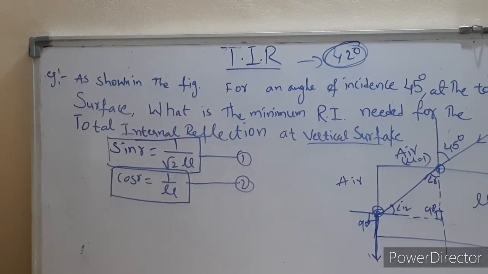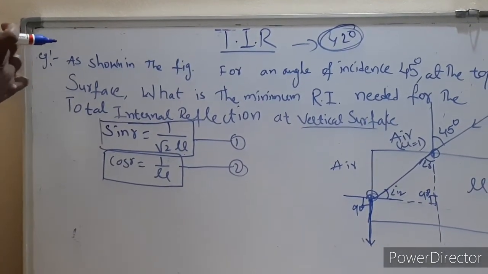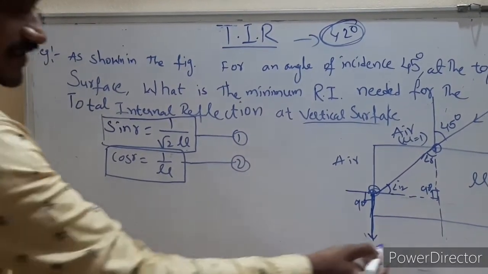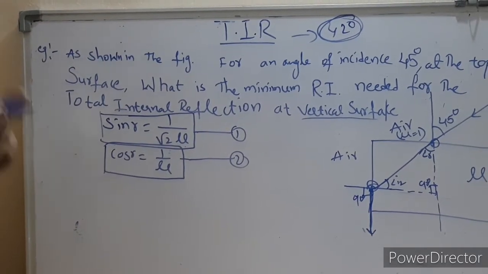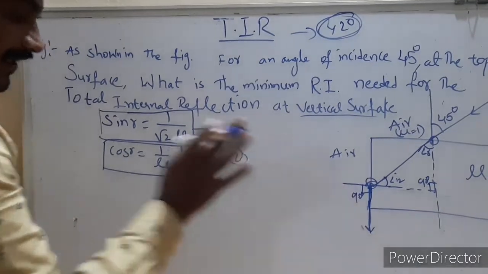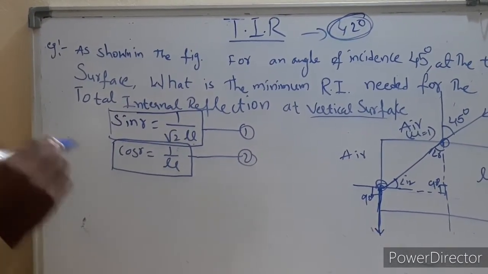Now we have equation 1 and equation 2. From these I wanted to find the mu value. What is mu? The refractive index of this medium. How much refractive index does it need to go under the TIR process? That minimum refractive index we need to find.